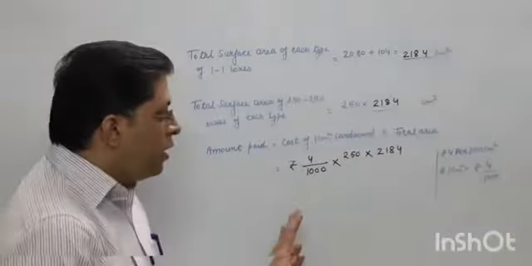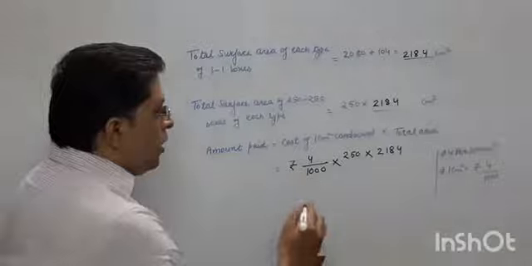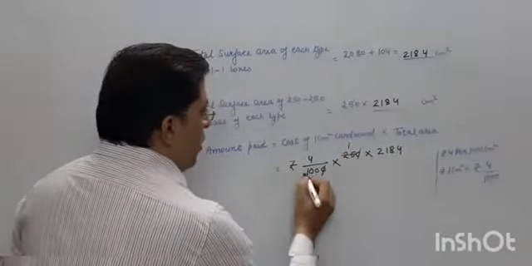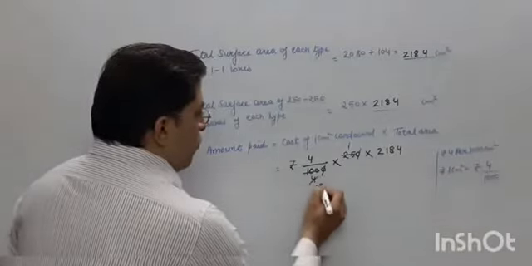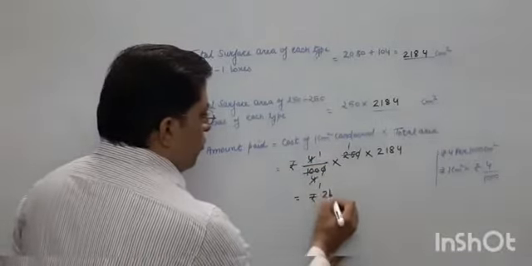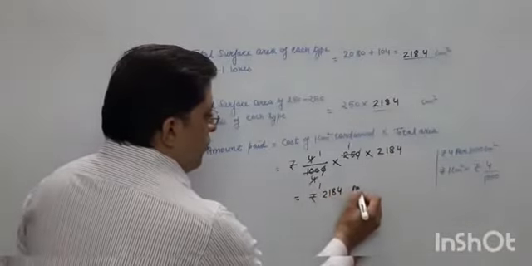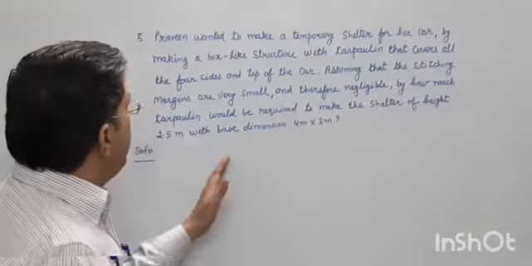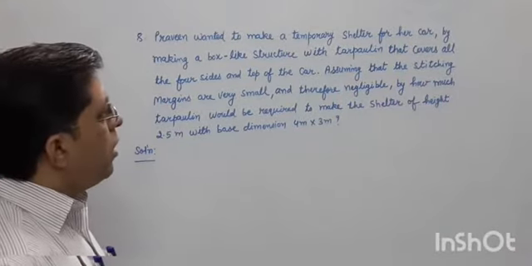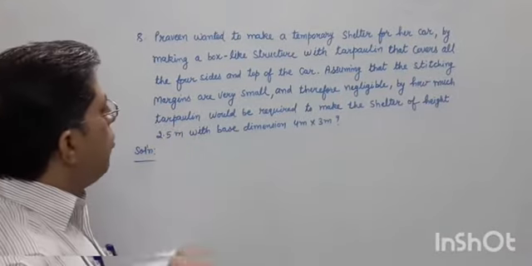You see, directly I can cut here. 0 to 0 you can cut. 25 1s are 25, 25 4s are 100. What is the last answer? 2184.